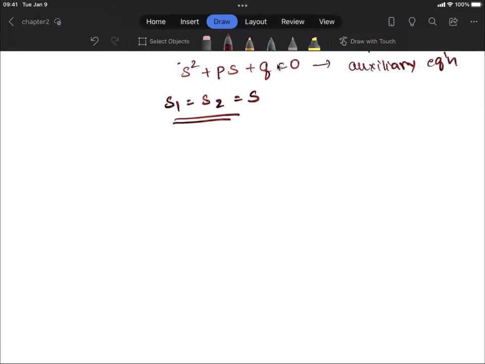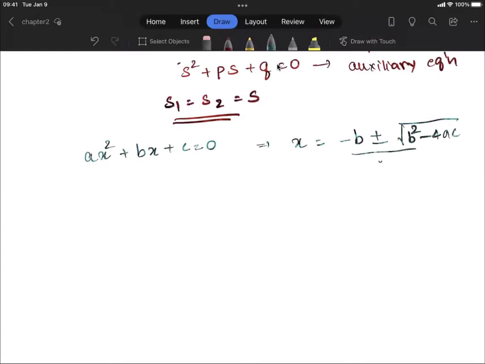In general, for a quadratic equation of the form ax squared plus bx plus c equals 0, the roots are of the form minus b plus or minus root b squared minus 4ac, divided by 2a.